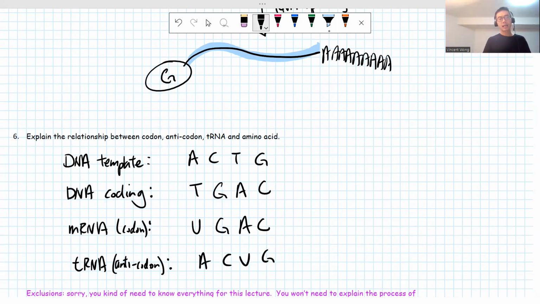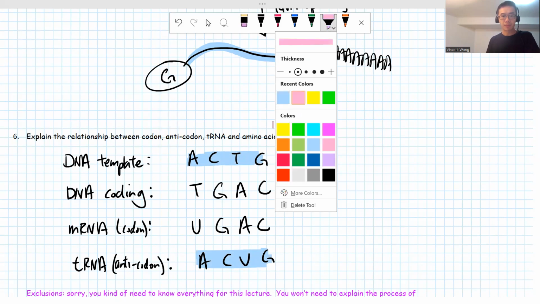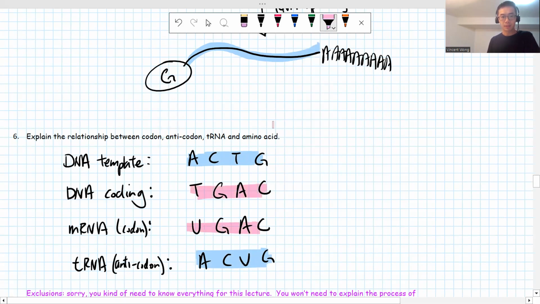I'm just going to highlight the things that are the same, and then highlight the things that are complementary to each other. The template strand is actually the same as the tRNA, and these things are the same as well.